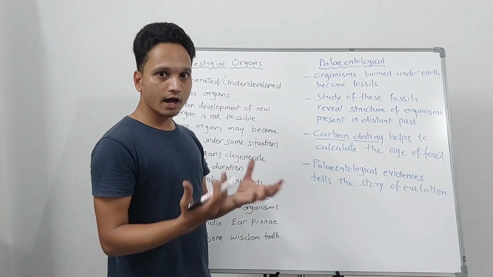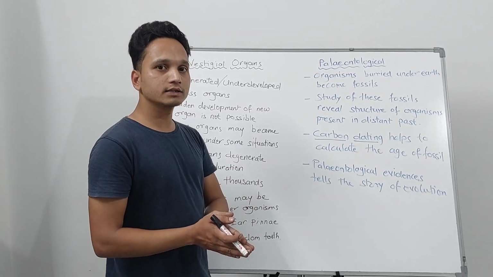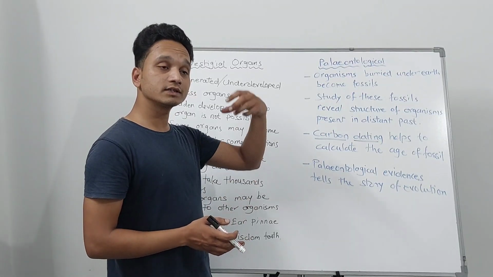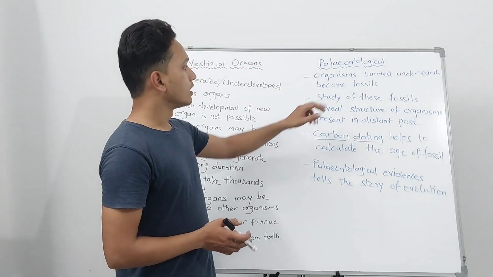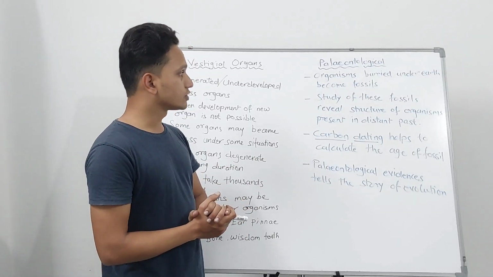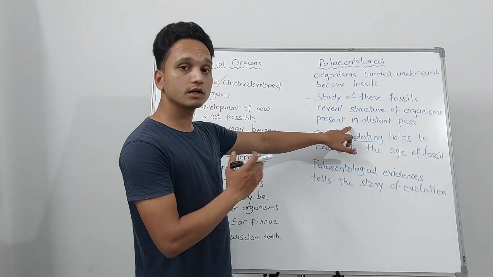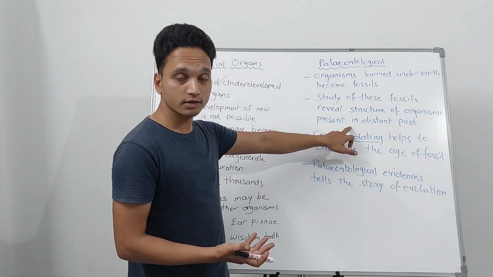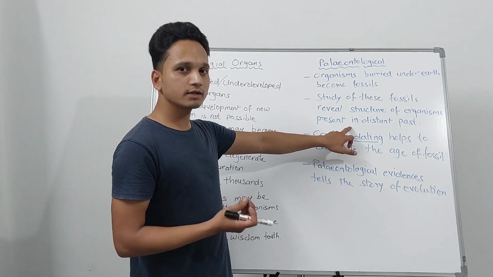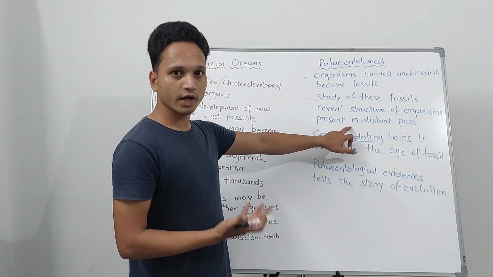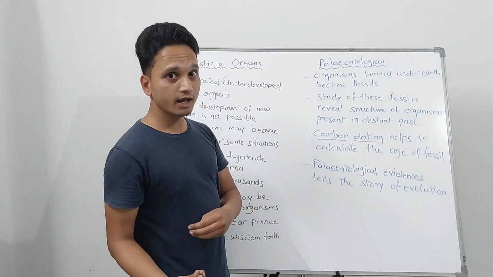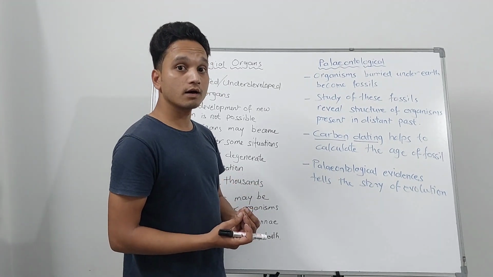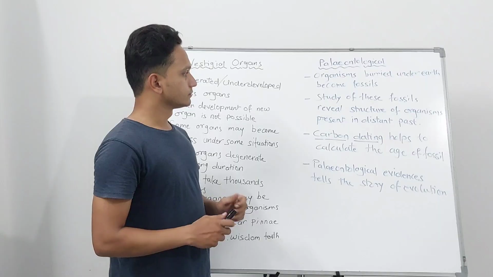And clearly we get an idea that currently existing organisms are coming from those distantly existing organisms in the past. Okay, so the study of these fossils reveals the structure of organisms present in the distant past. The study of paleontology clearly tells us the anatomy and morphology of those organisms, through which we can connect the organisms present today and the organisms which were walking on Earth lakhs and crores of years ago.